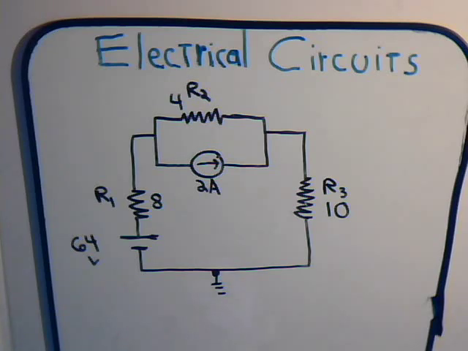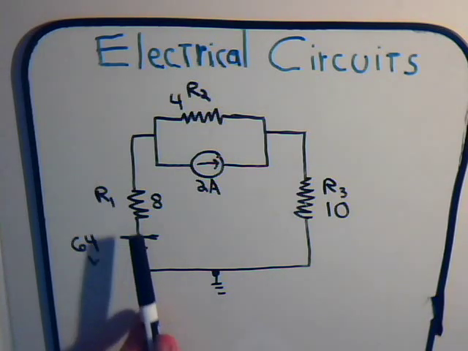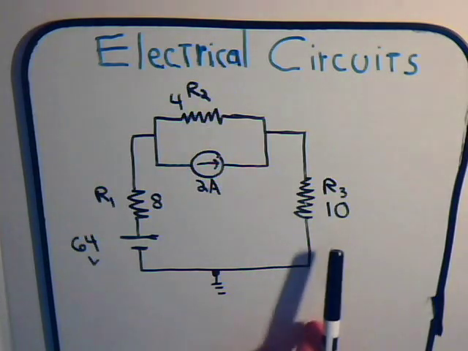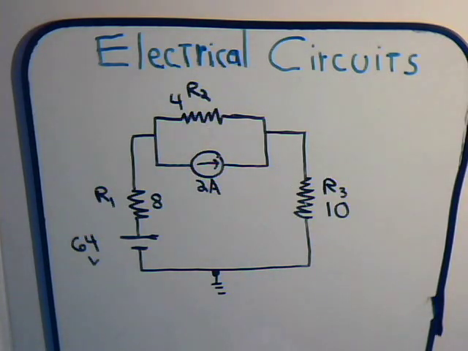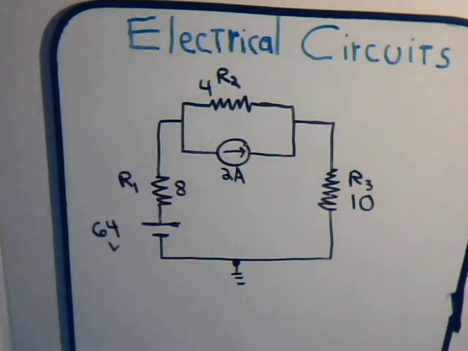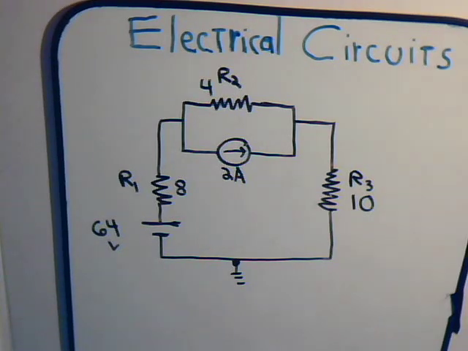And again, we want to use our nodal analysis to determine the amount of current going through resistor R1, R2, and R3. Now, with this circuit, there are three nodes to consider.